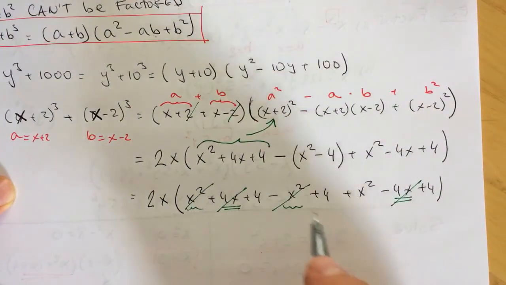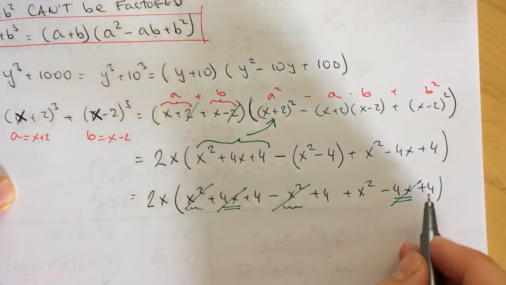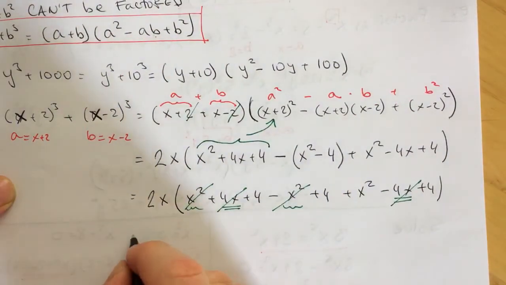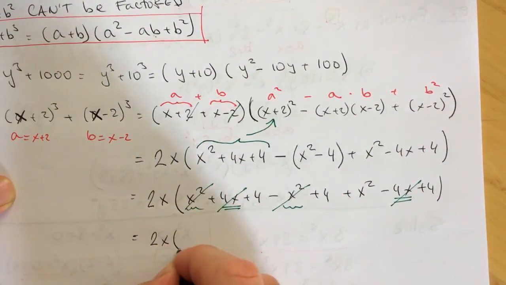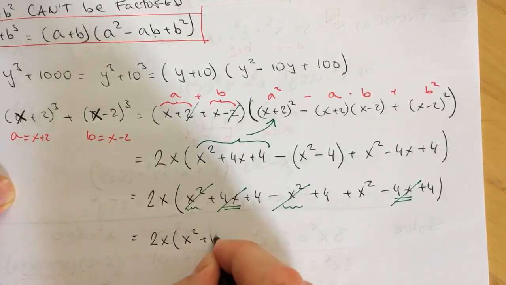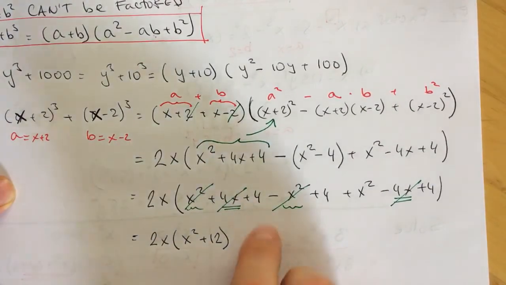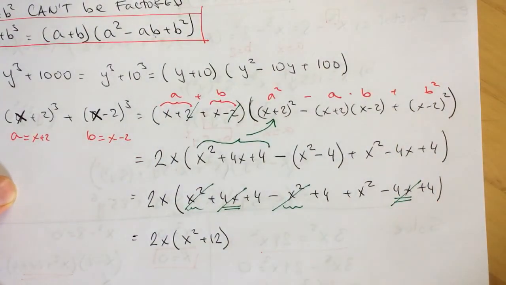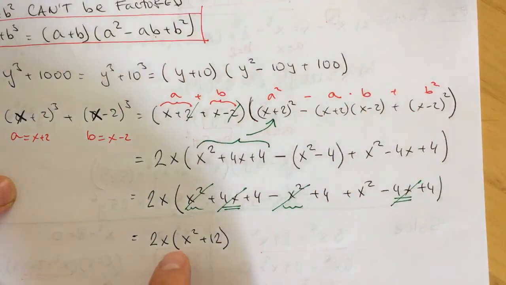And we're left with 4 plus 4 plus 4, that's 12, and here we have plus x squared. So this is 2x times x squared plus 12.